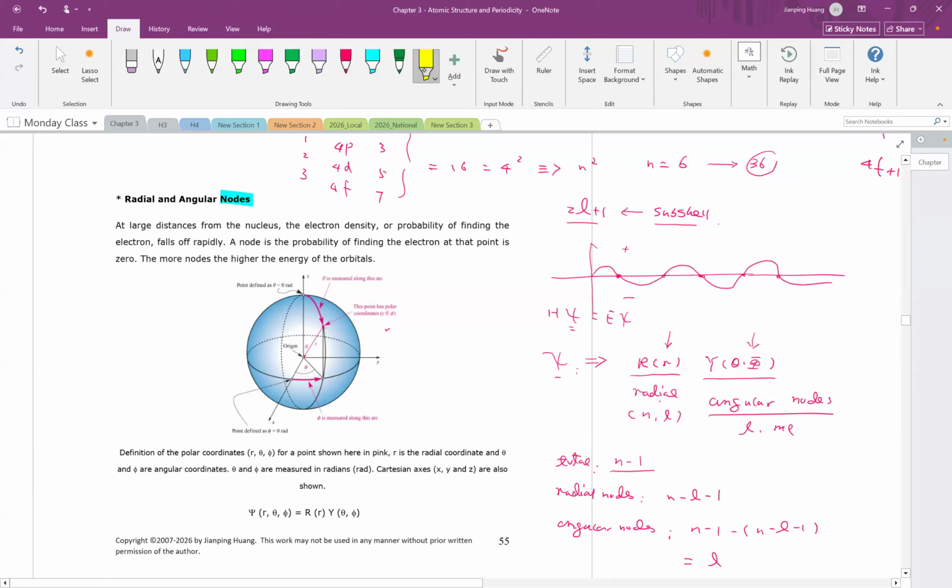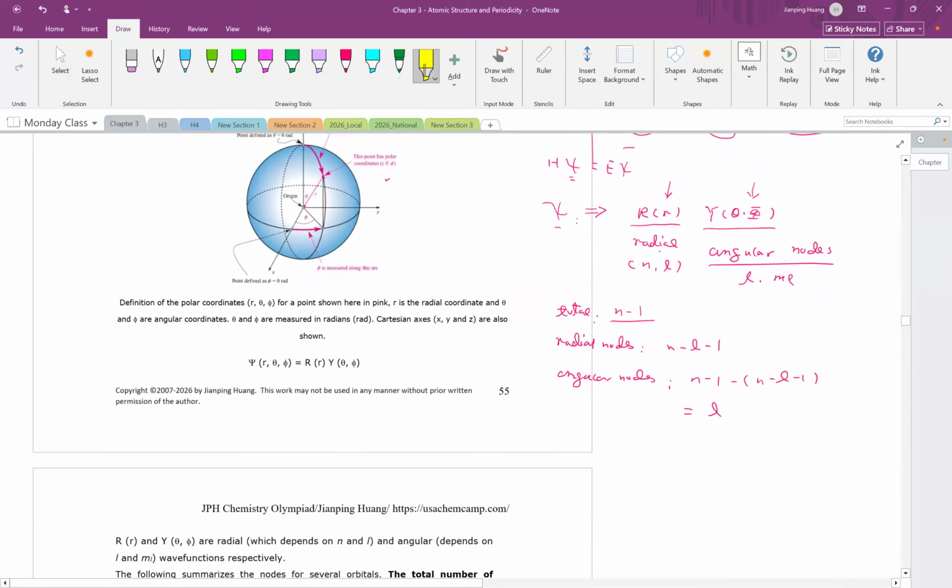Now, in the future, we will discuss more detail. Right now, at this level, that's enough. So we divide the Schrödinger equation into two parts. One is related to size, radius. One is related to angle.